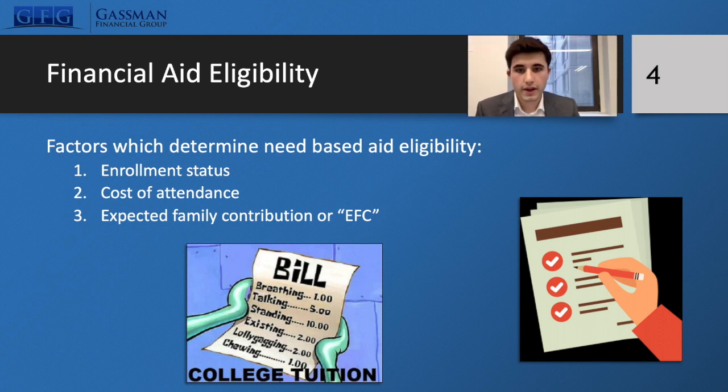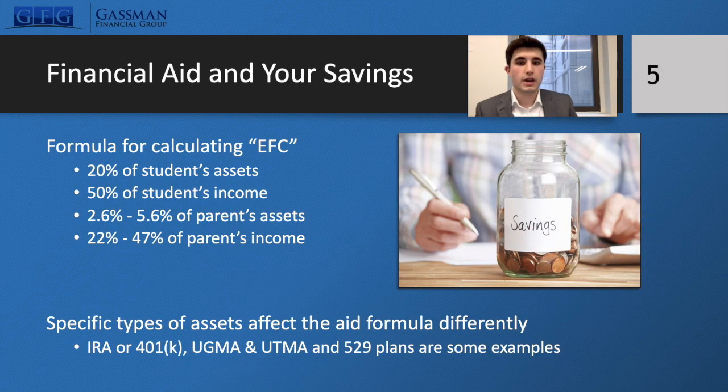So how financial aid is calculated is they take the cost of attendance and subtract the EFC, the expected family contribution from it. And the remainder that you get is more or less the need-based eligibility that you're eligible for.